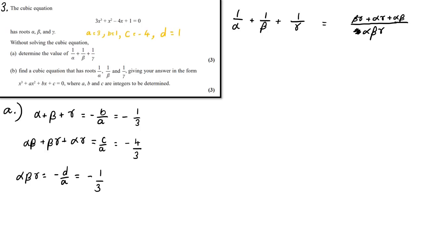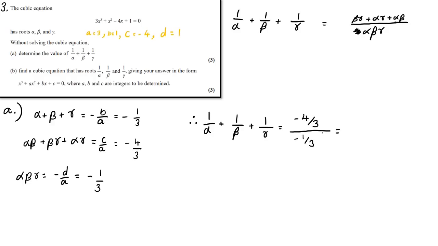All we need then to determine the value of 1 over alpha plus 1 over beta plus 1 over gamma is to use this formula here. So therefore, 1 over alpha plus 1 over beta plus 1 over gamma is equal to the pair sum, which is minus 4 over 3, and we divide this by the product, alpha beta gamma, which is minus a third.